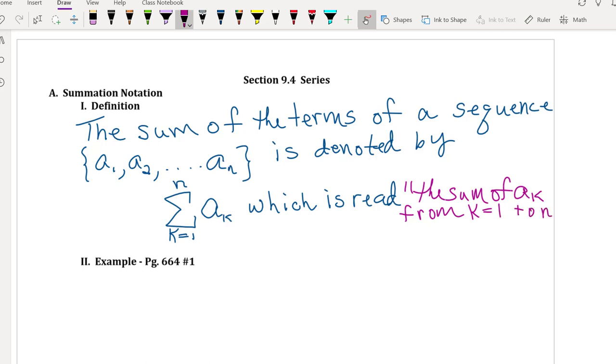So that's how you read it. The sum of a sub k from k equals 1 to n. And k is the variable which is called the index of summation. It keeps track of where you are in the sequence or the series now. So k is 5, you're looking at the fifth term.